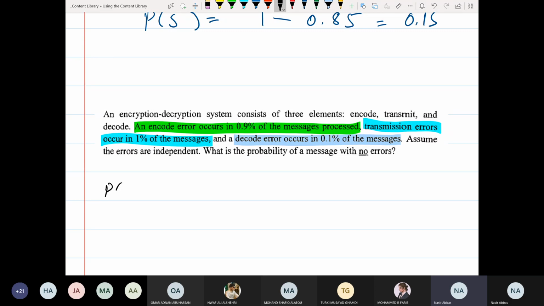The probability of having an encode error is 0.009. That is 0.9%. So be careful when you convert this percentage to probability, you have to divide it by 100.